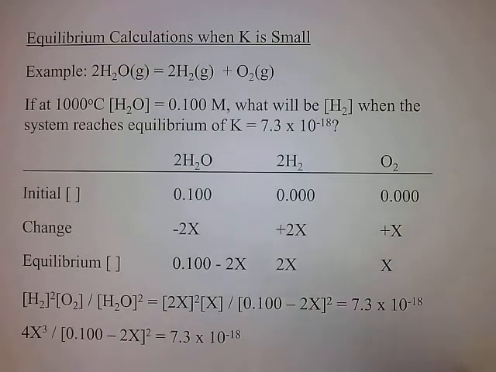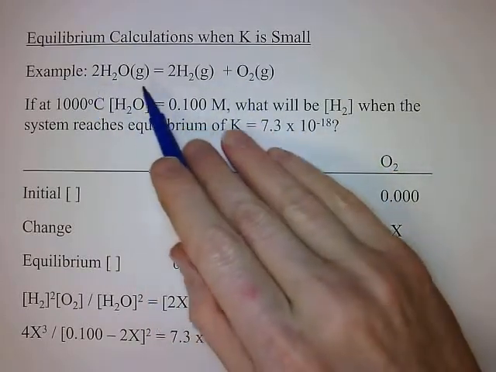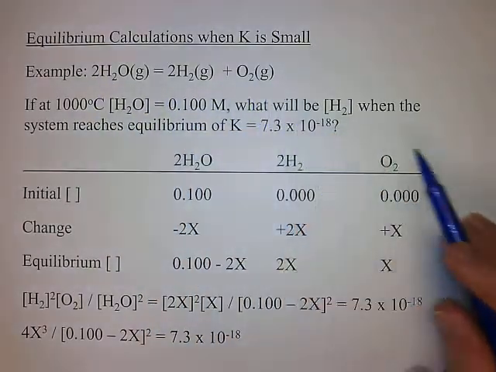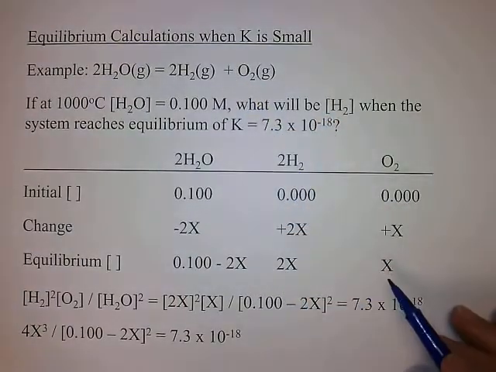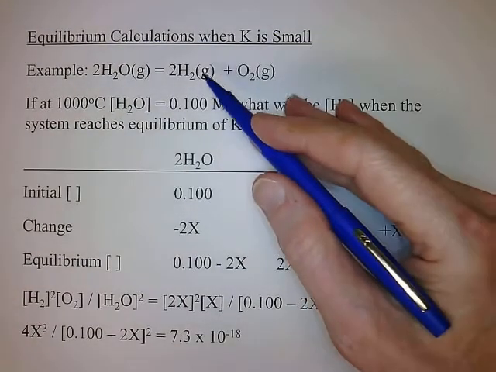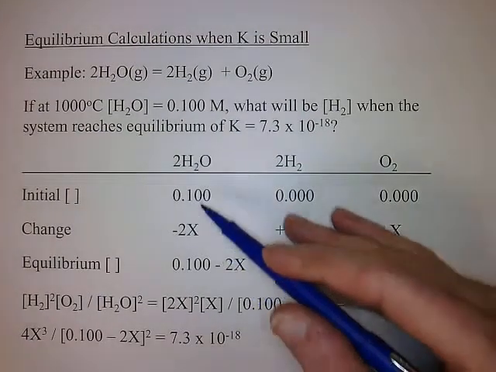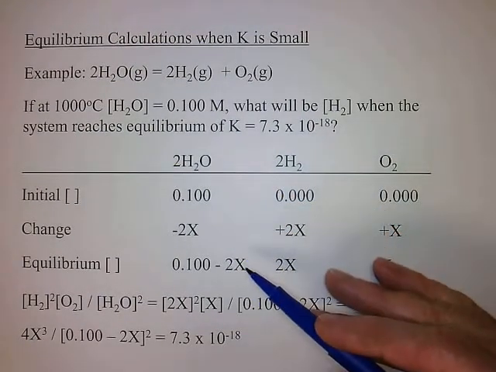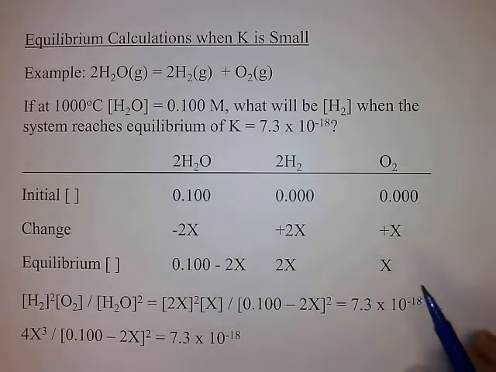But now we're not dealing with one-to-one stoichiometry. It's 2 to 2 to 1. So if we let X represent the amount of oxygen that's formed, we'll get 2x moles of hydrogen, and we'll lose 2x moles of water. So we get 0.1 minus 2x, 2x, and x.